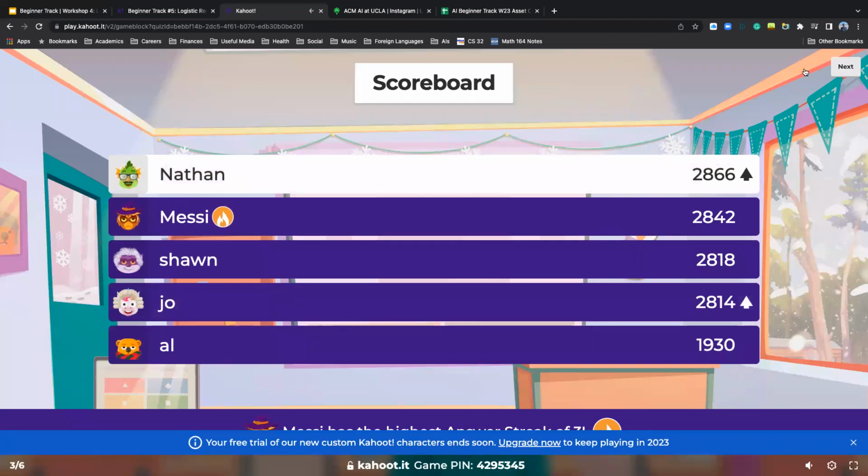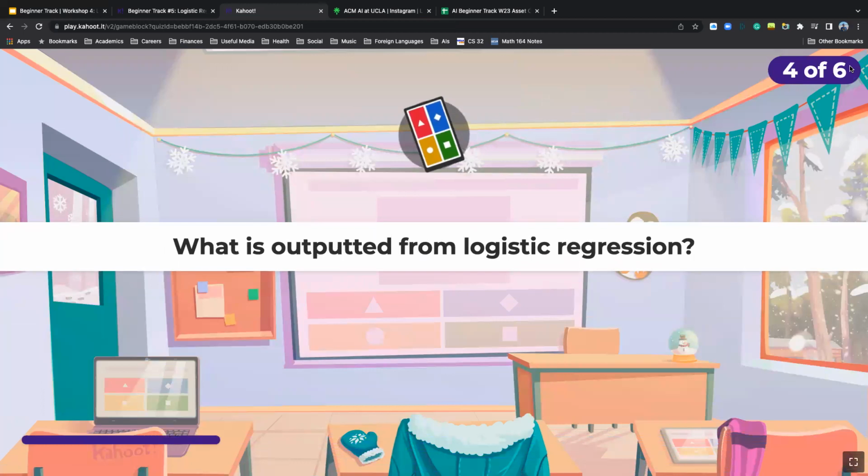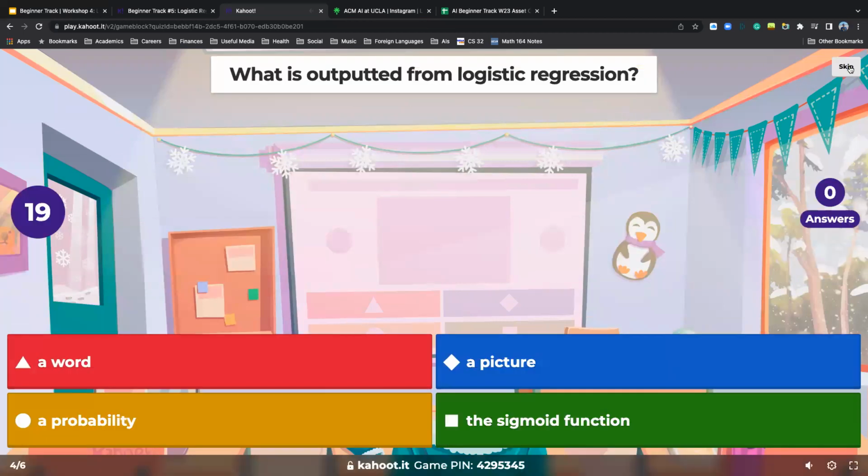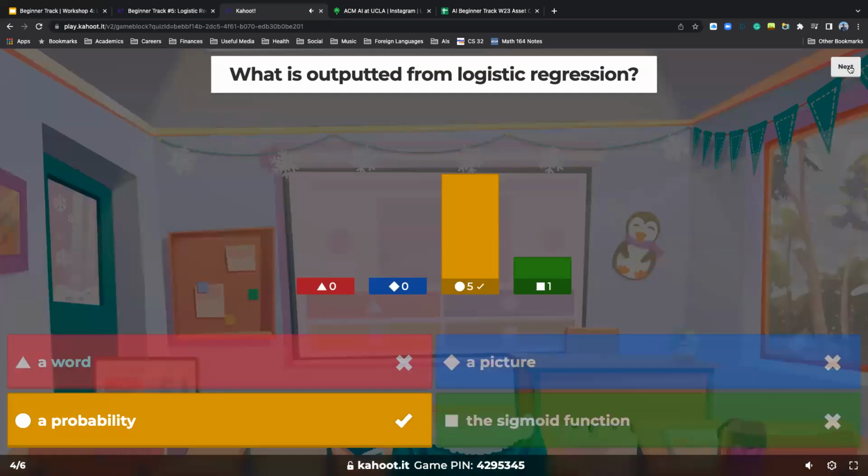Okay. New leader again. What is outputted from logistic regression? Be careful with this one. Most of you got this right. Do people want to explain why it's not green? This is a tricky question because we are using sigmoid, but any thoughts?